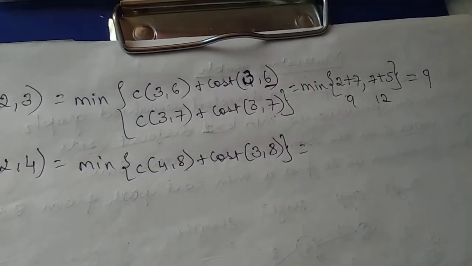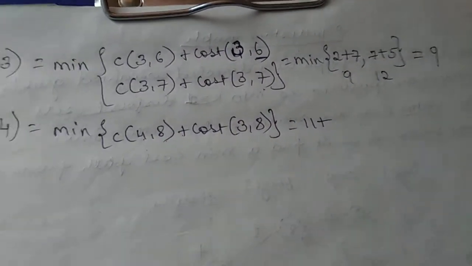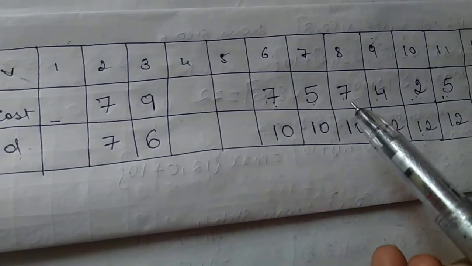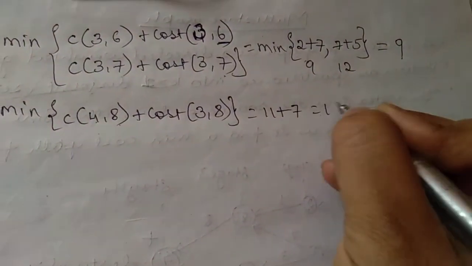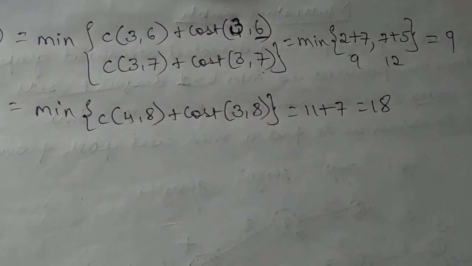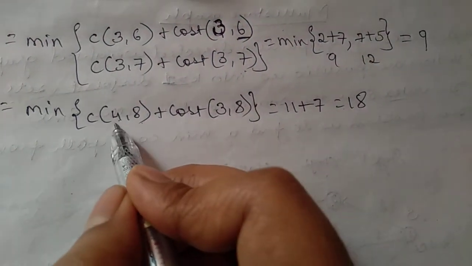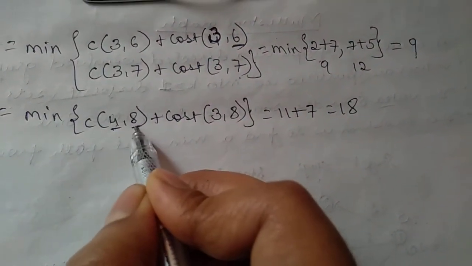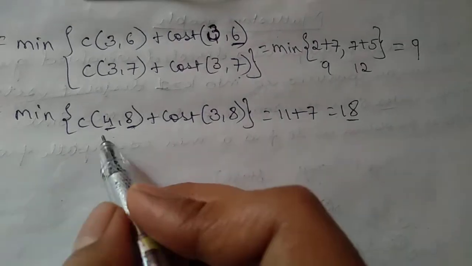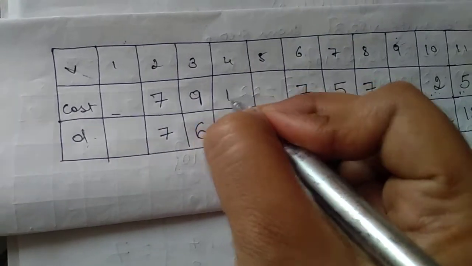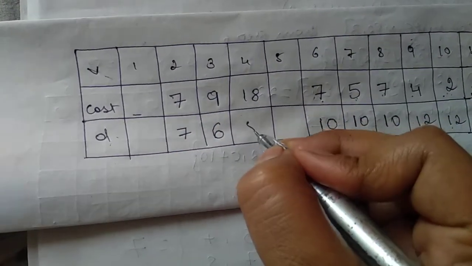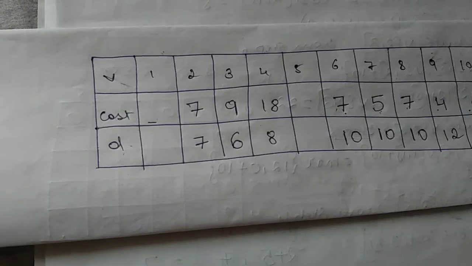So no need to find the minimum. Only one means directly you have to write. From 4 to 8, the path is 11. Plus the cost of 8, which is 7. Plus 7, this is 18. Now from 4 I am going to 8 on cost 18.